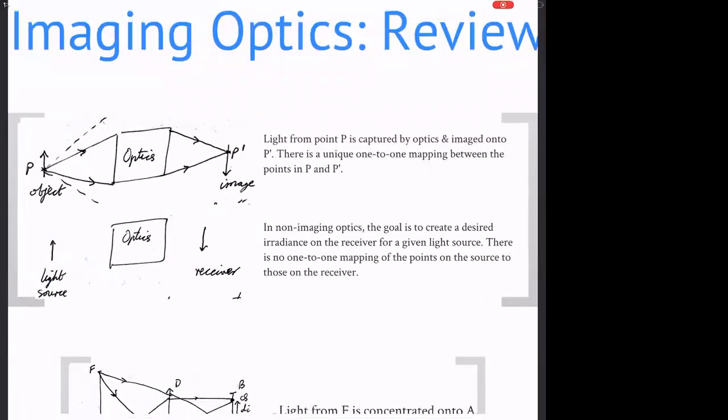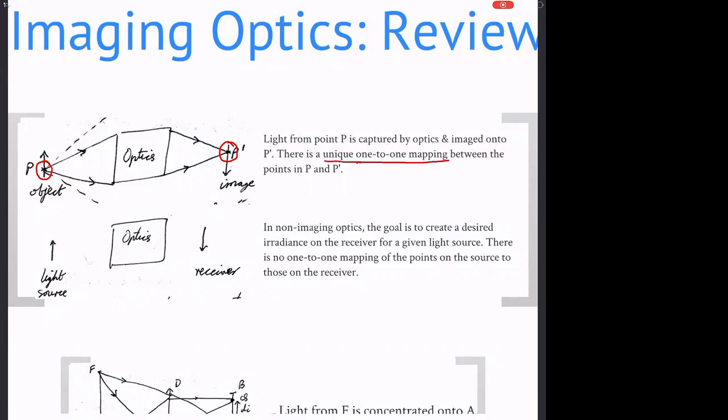In imaging optics, we take light from a single point P and try to collect it to a single point P prime. Light from point P is captured by the optics and imaged onto P prime. So this is a unique one-to-one mapping.